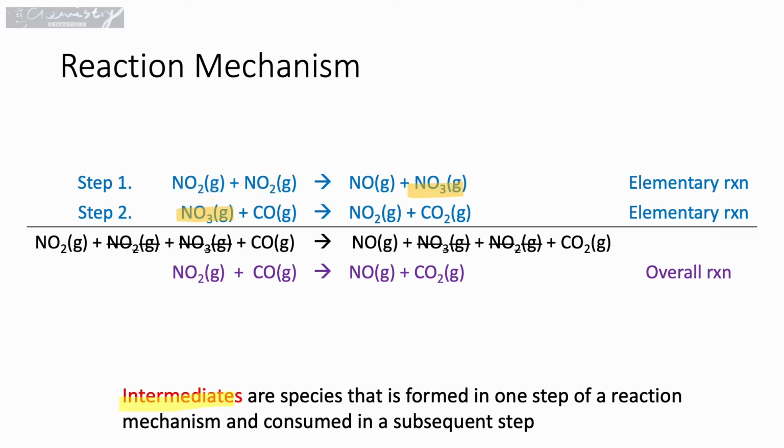So NO3 in this case is an intermediate because it's used up right after. The way we can identify them is literally adding up the first two steps. Whatever is the same before and after, so NO2 is the same before and after, we cross it out. NO3 is the same before and after, we cross it out. Those two are the intermediates because they are not in the final one. That means that they must be consumed during the reaction.